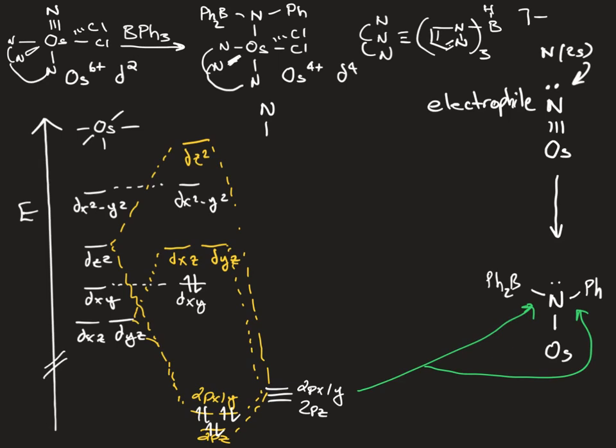So the 2 electrons that were comprising the carbon-boron bond in BPH3 are getting dumped into the metal d orbitals. Because these are no longer available for bonding, these dxz and dyz orbitals come down in energy because they're now non-bonding to that osmium center.